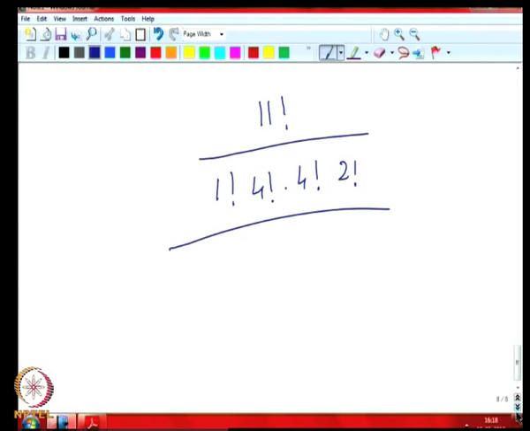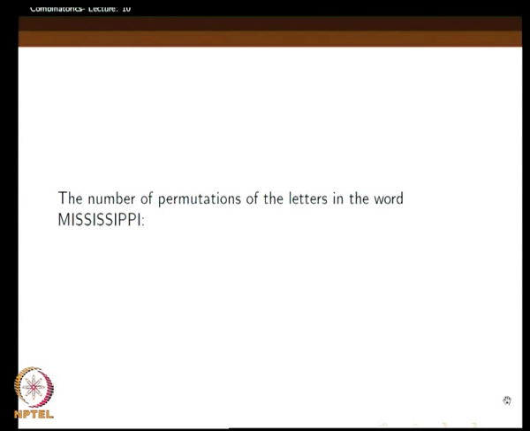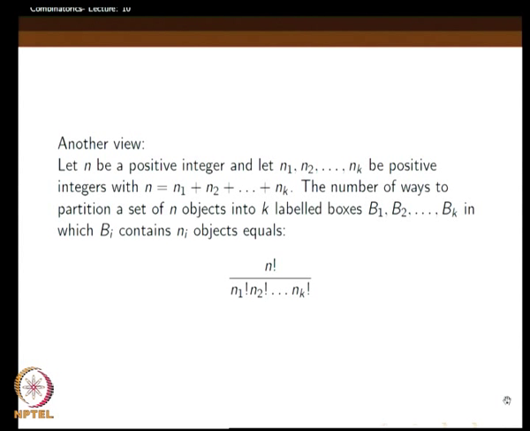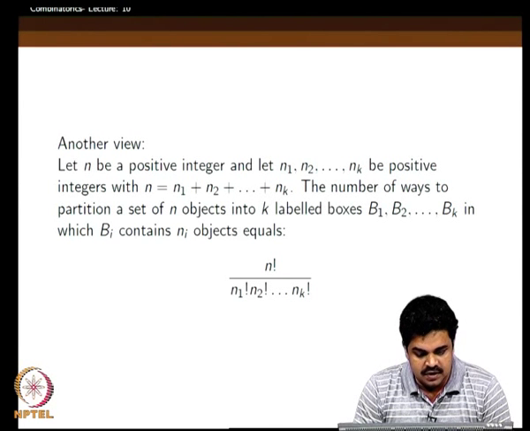And the next question. So, we will have a different view of this problem now. This permutation of the multiset was one view we had. We had a multiset containing n things in it.